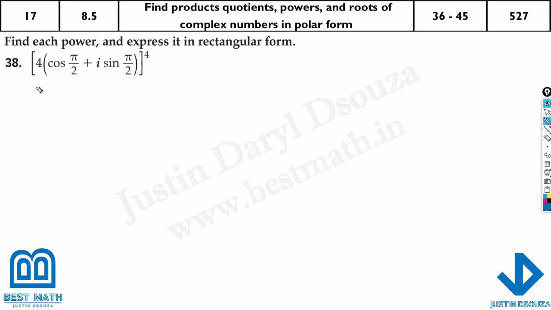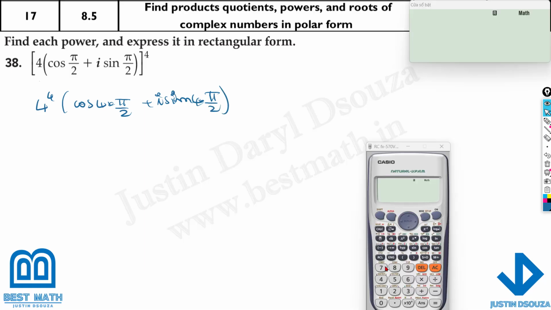Why? Because it's in the polar form. All you need to do is 4 to the power 4 cosine 4 times pi by 2 plus I sine 4 times pi by 2. Now we'll just put it in the calculator. It's 4 raised to the power 4. It's going to be 256.